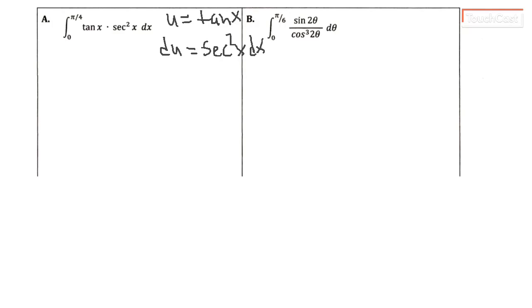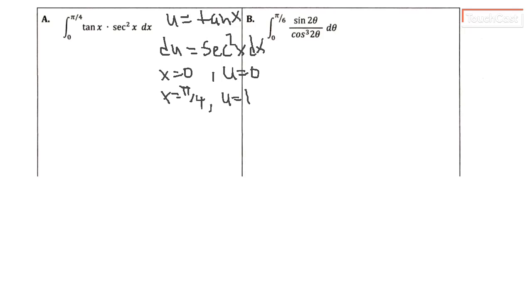If that's the case, now what I have to do is take my x values, our bounds, our a and our b, 0 and pi over 4, and plug them into tangent x. Well, tangent at 0 is going to give us 0. Tangent at pi over 4 is going to give us a u value of 1.